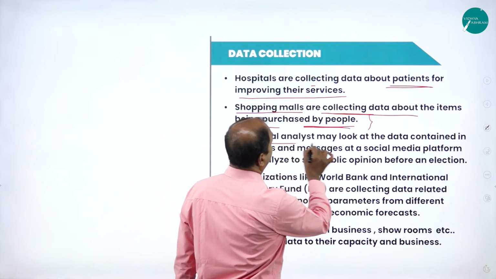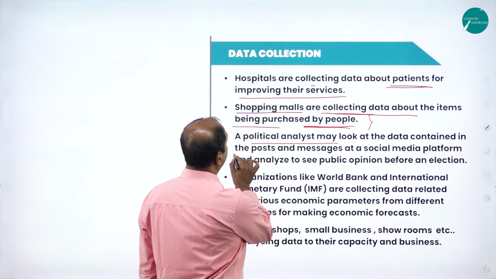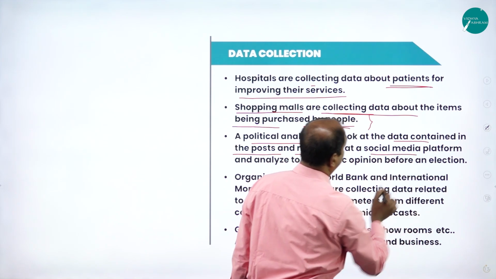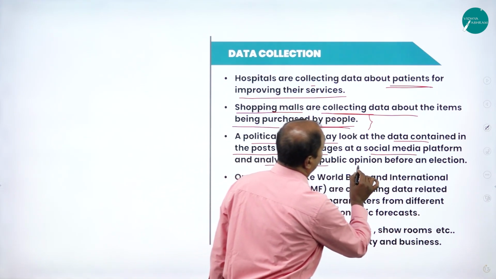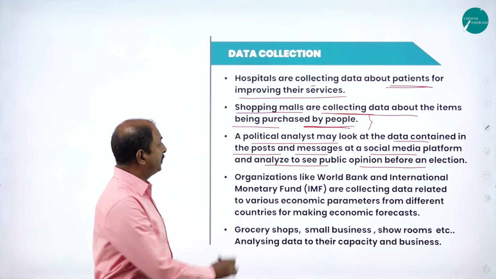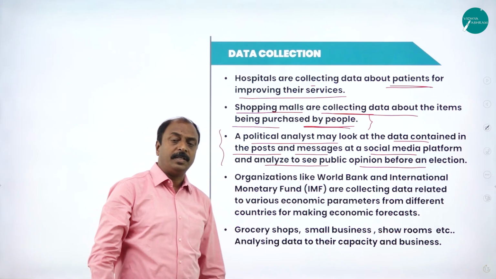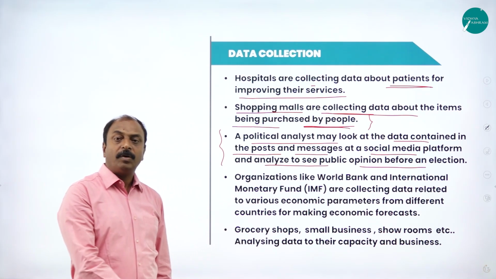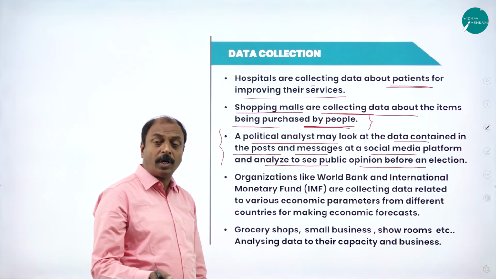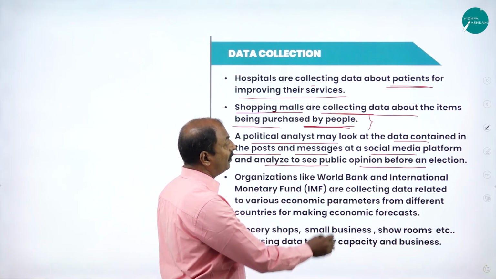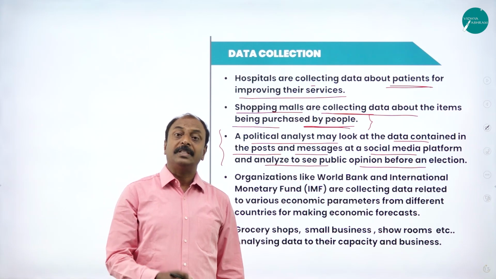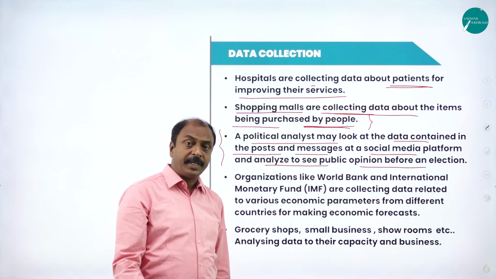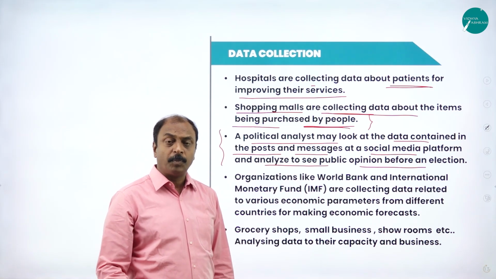Political analysts may look at the data contained in posts and messages on social media platforms and analyze them to see public opinion before an election. Nowadays most political parties make use of social media, in the form of WhatsApp, Facebook, Instagram, and so on, and post information about their region, their services, the work they have completed and incomplete work, and many other things about their parties.